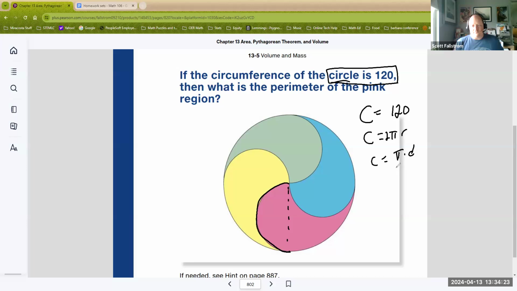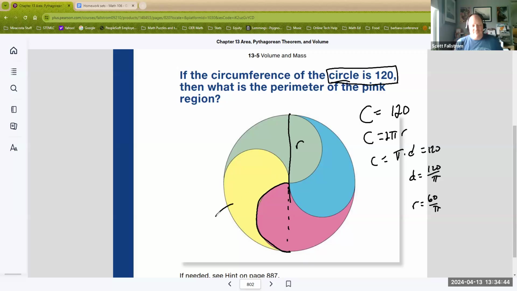All right. So that means that if this equals 120, the diameter is 120 divided by pi. That's the diameter. Well, the radius then would be half of that. So the radius would be 60 over pi.